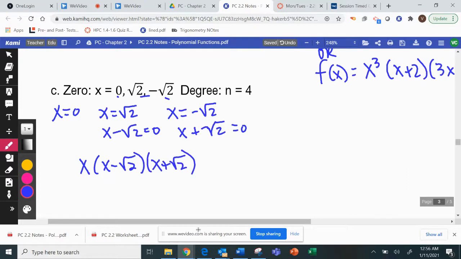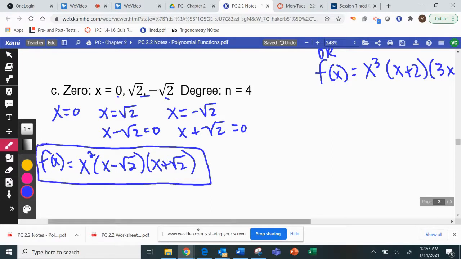And these are linear factors, but we have a degree of 4. So we've got to have 2 of one of them. This really is our only option in order for this to have integer terms if you multiply it all out, which is usually what we're going to have. That would really be our only situation that we could possibly have.